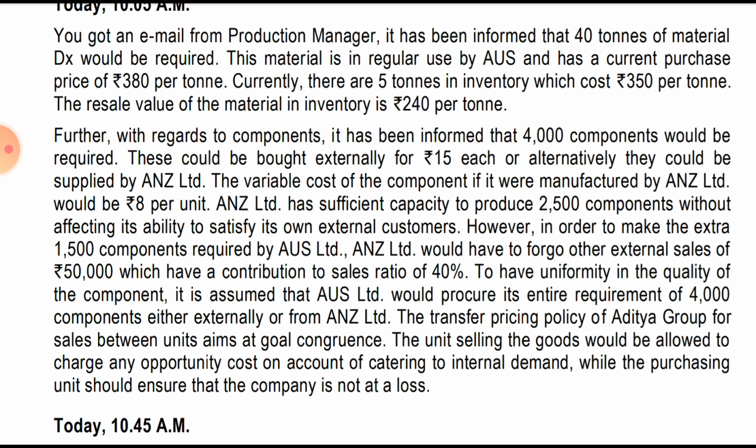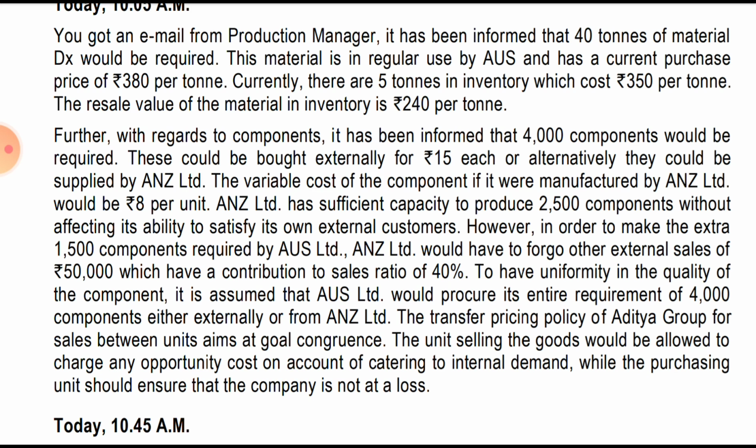Alternatively, they could be supplied by ANZ. The variable cost of the component, if manufactured by ANZ, would be 8. ANZ has sufficient capacity to produce 2500 components without affecting its ability to satisfy its own external demand.